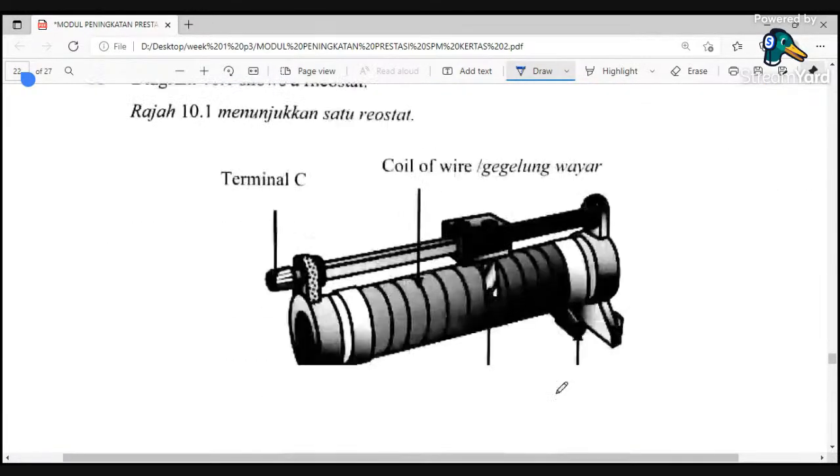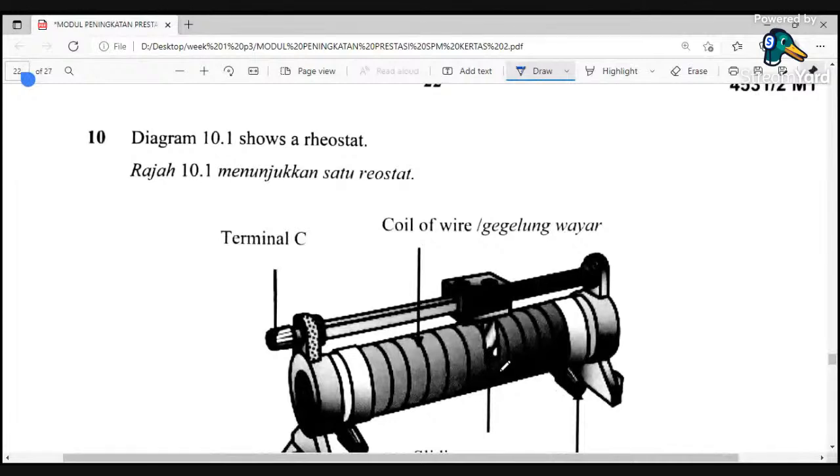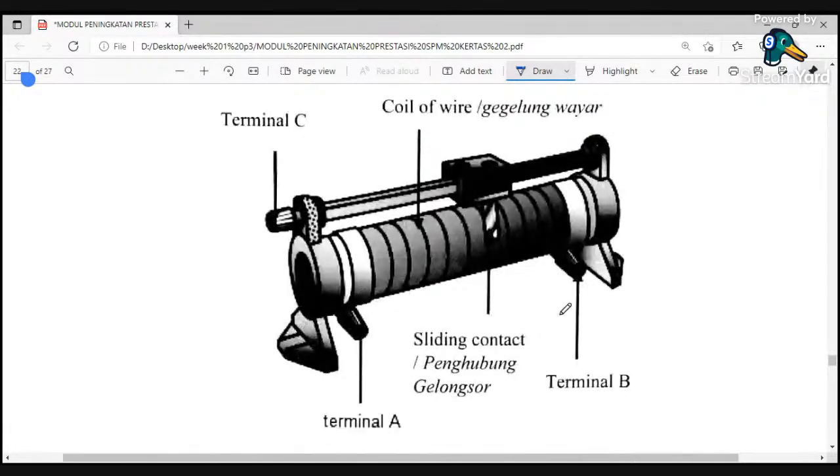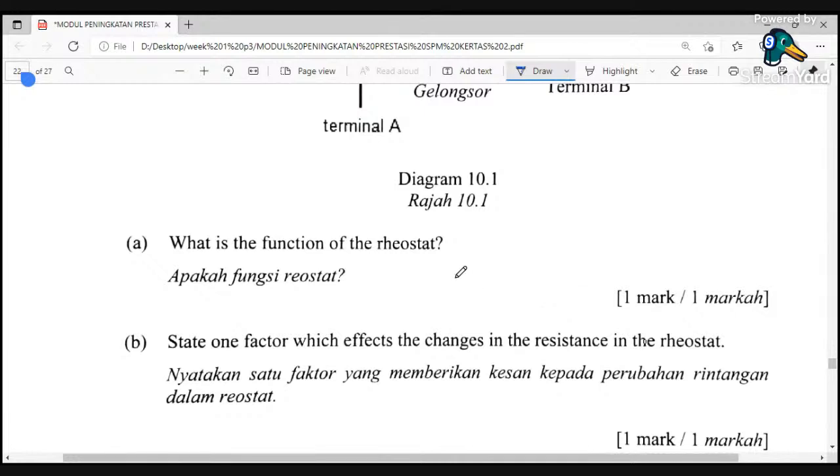Number 10. The diagram shows a rheostat. Topic: electricity. What is the function of the rheostat? When we use a rheostat in a circuit, it is used to adjust current. For example, in Ohm's law experiment, you use a rheostat to get 5 different values of current.